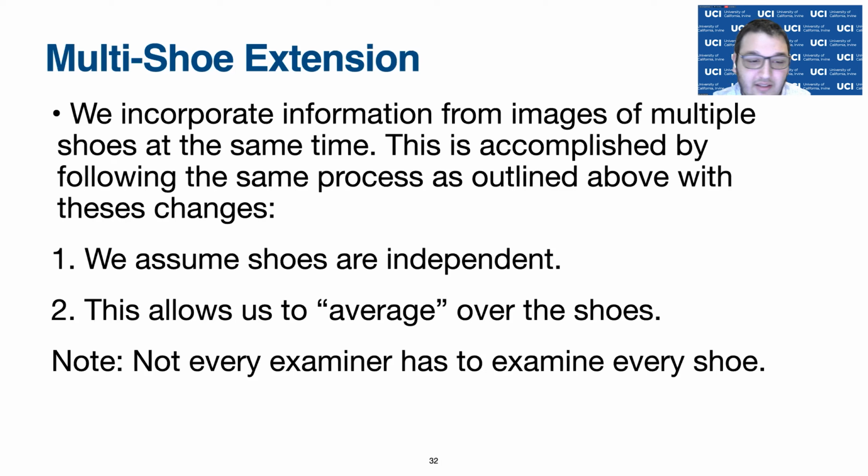We don't get the shoe level performance values, but we're basically averaging over shoes. And in our particular case, not every examiner examined every shoe. We saw that examiner A only examined a few of the shoes, so this method allows us to handle that.